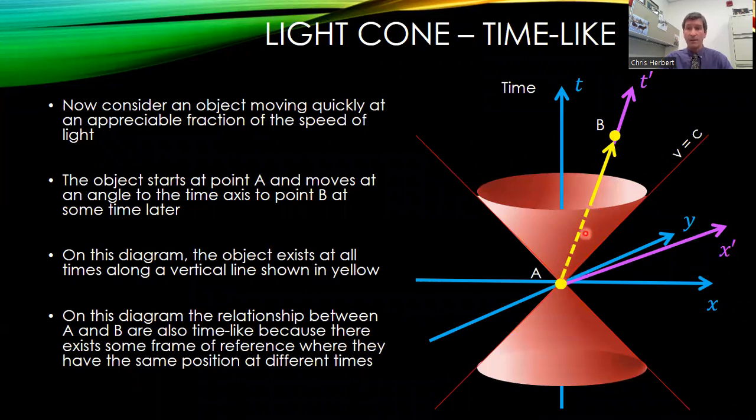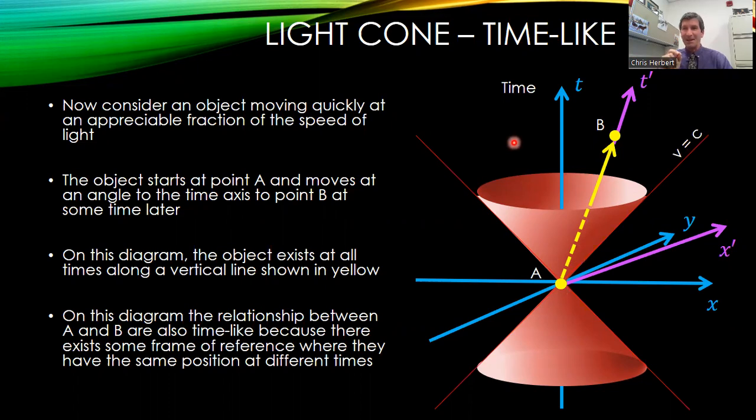They're both on the t-axis, or at least the t-prime axis. And in fact, I can put B anywhere inside this cone. I can move forward, I can move backward, which would transform it the other way, and still line A and B up at the same location.